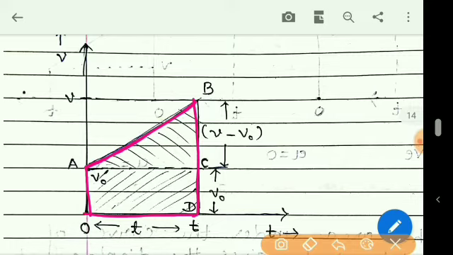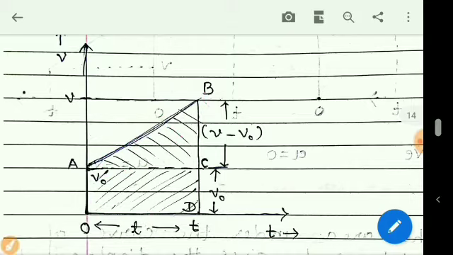So here also what we'll do? We'll find the area. Also, what does the slope of AB give us? The slope of AB will give us acceleration, and so we will also find the acceleration. So let us start with the simple thing, that is acceleration from the slope of AB.